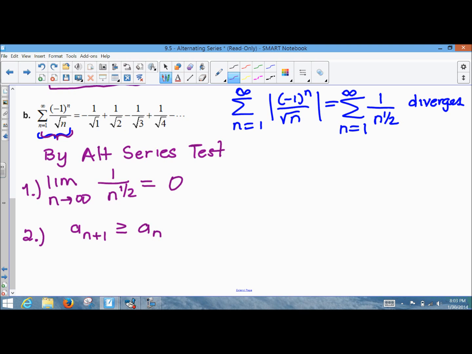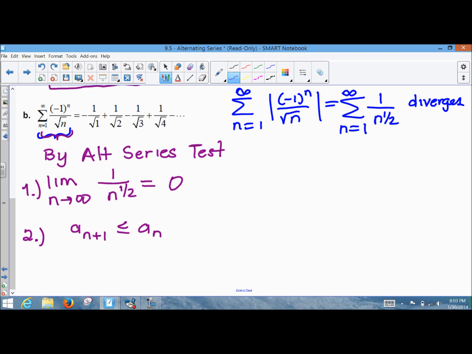I take that back, I apologize. I got those written in the opposite order. It says just the opposite: the nth plus 1 term must be less than or equal to the nth term. It's a way to say that your series is decreasing as we move term to term.